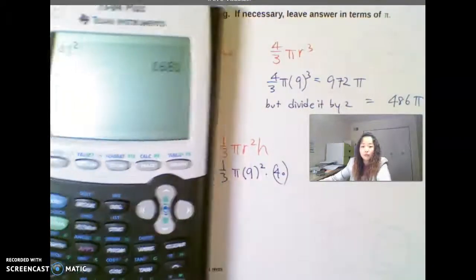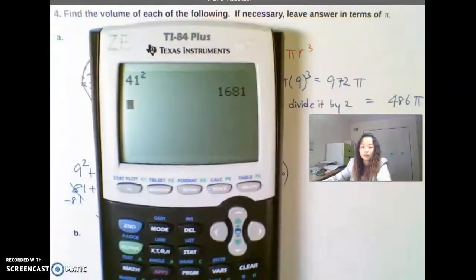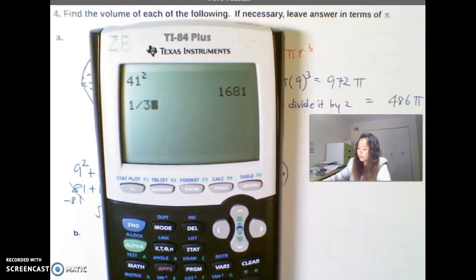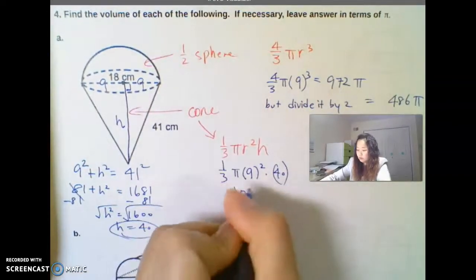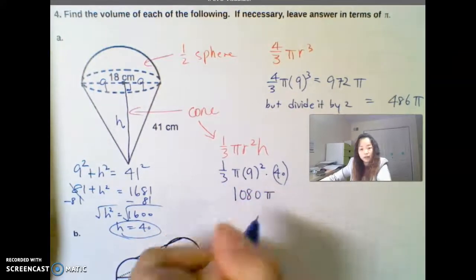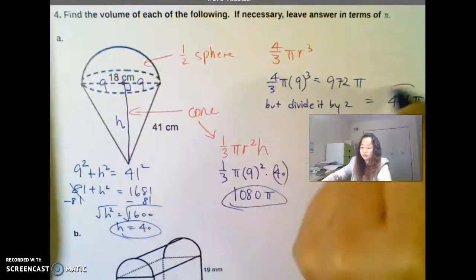Now put the whole thing in the calculator, so we have 1/3 times 9 squared times 40. That's 1080. So 1080, don't forget the pi. That's for the cone.